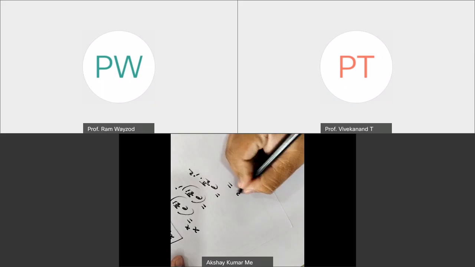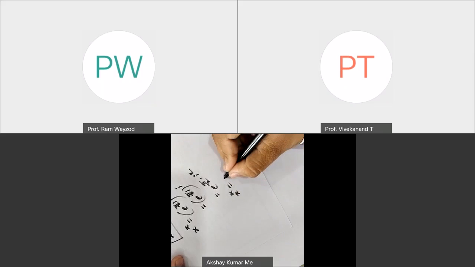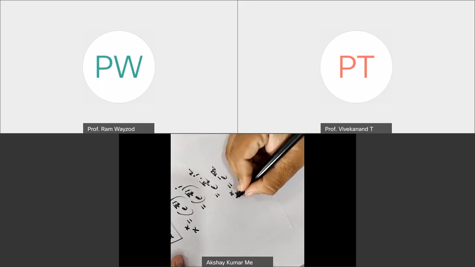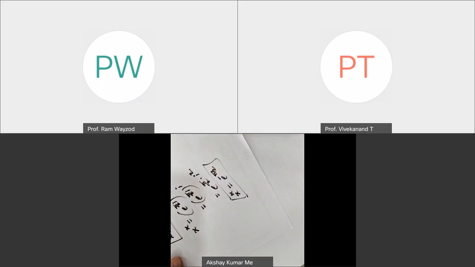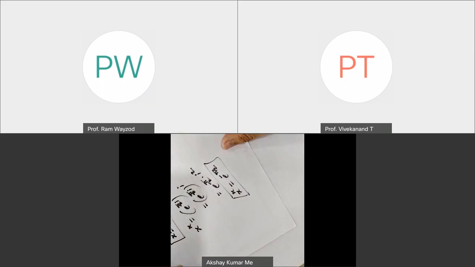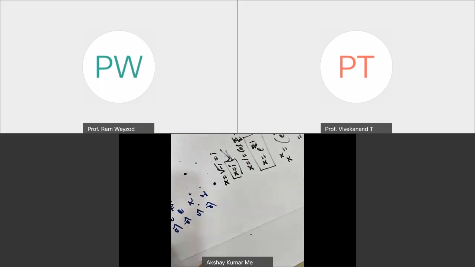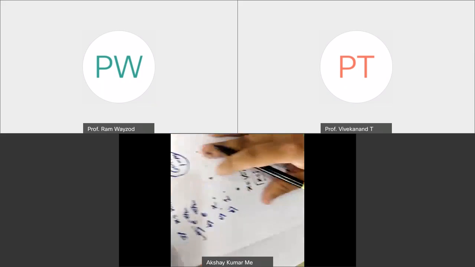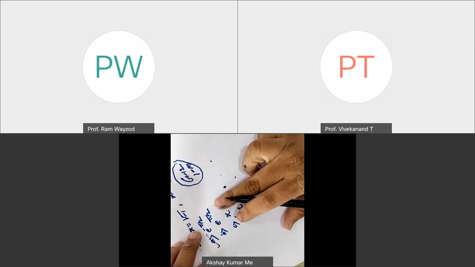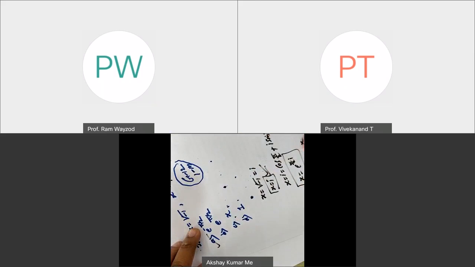So x to the power x is equal to e to the power minus pi by 2, since i square is minus 1. This is the required value, and our option is 1.